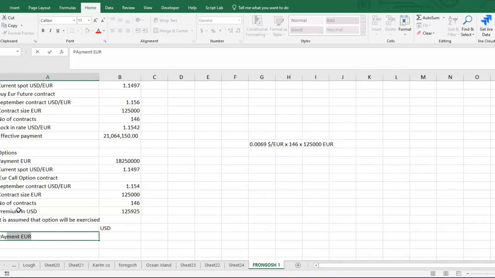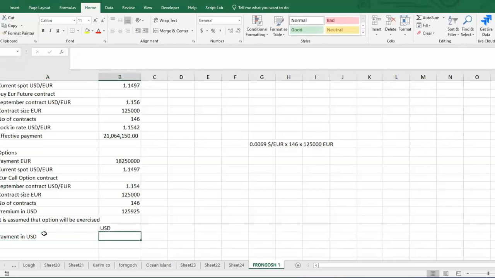We will buy. So in order to buy the euro, we have to pay in USD. Payment in USD. Guys, whenever you are exercising the option, remember the rule. Answer should always be in home currency. Our home currency is dollar.